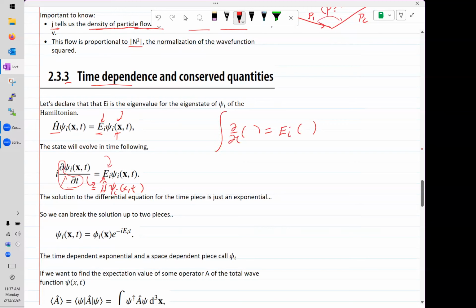You do a little separation of variables, then you find that the solution is just going to be e to the negative i E_I t, something exponential. When you have a first order time derivative, the solution is always this exponential function. Should we do an explicit example of that?